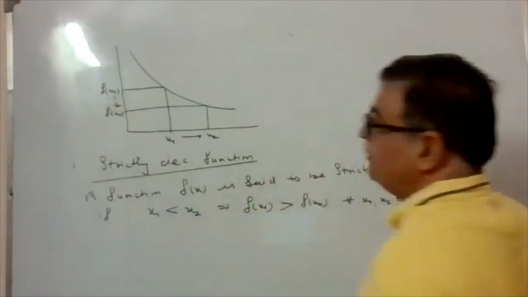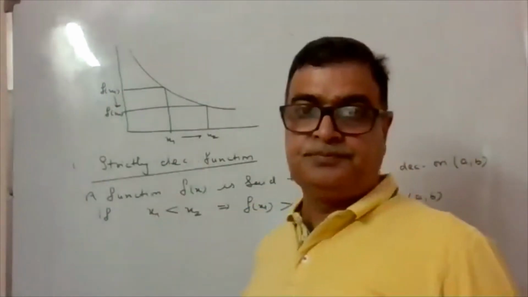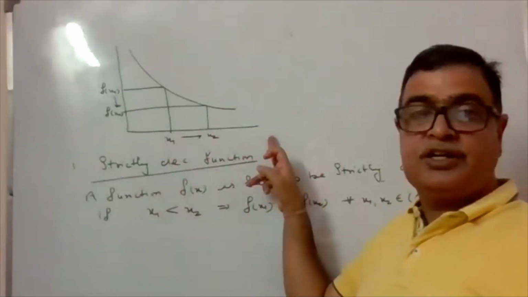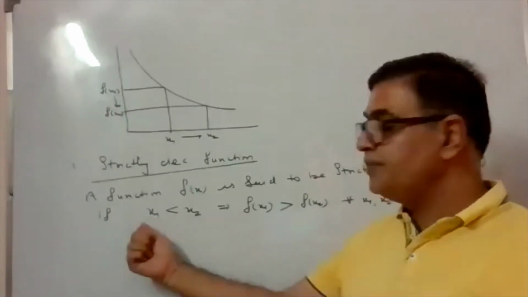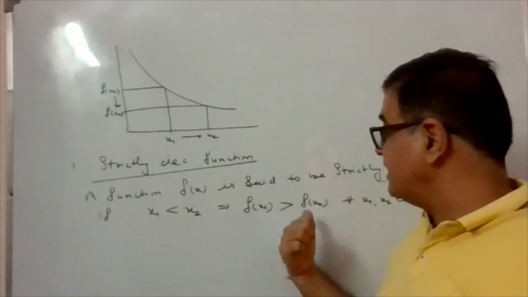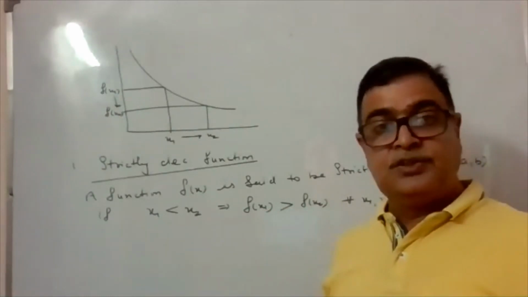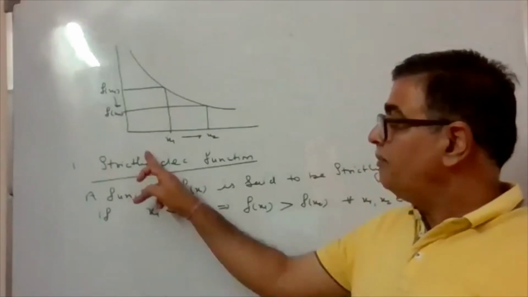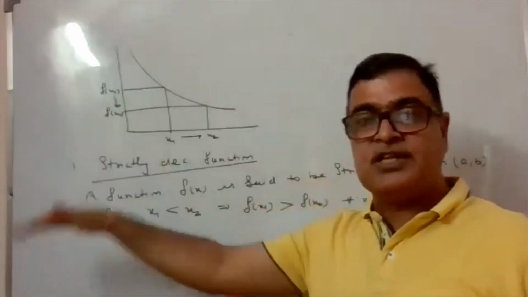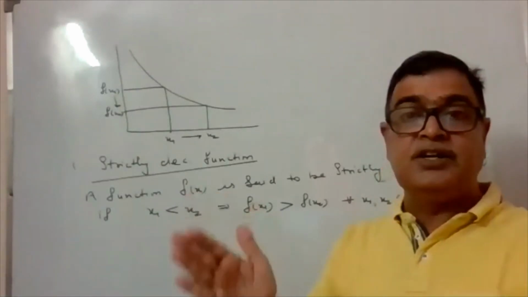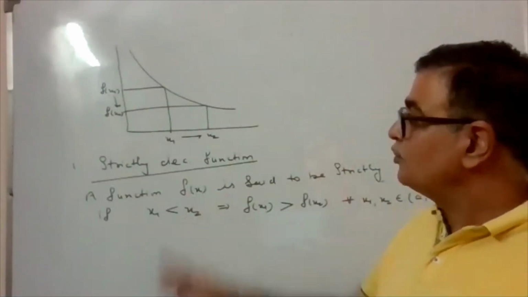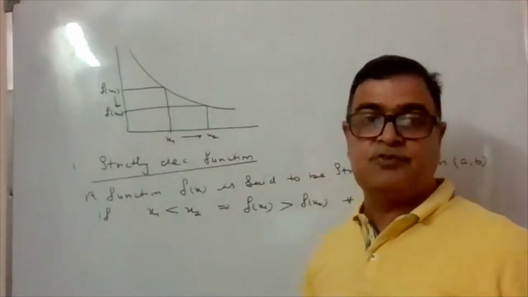So f(x) is going down. x you are increasing, but the function is decreasing. Here x2 is bigger than x1, but f(x1) is coming greater than f(x2). That means this will reverse. By increasing x, f(x) decreases. If that situation comes, we will say function is strictly decreasing.